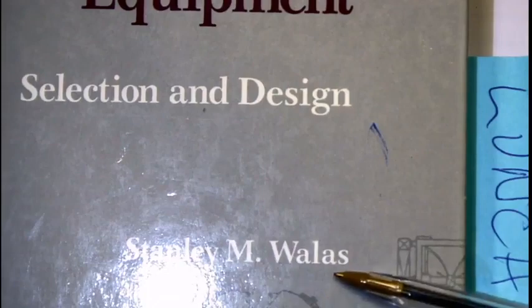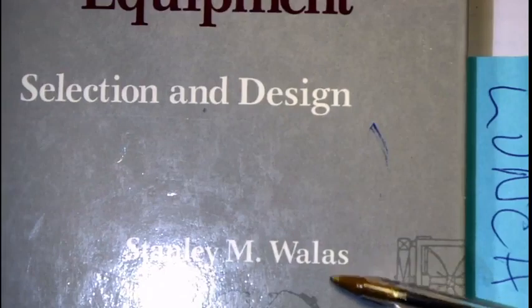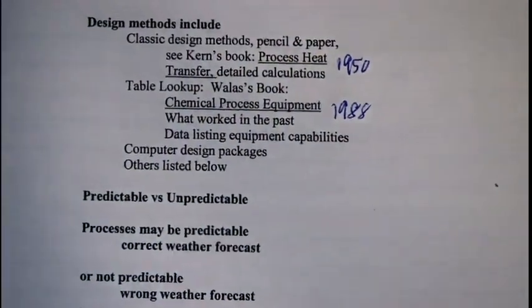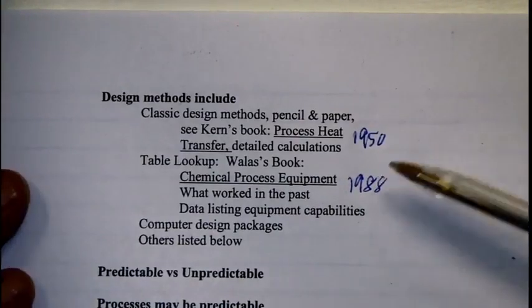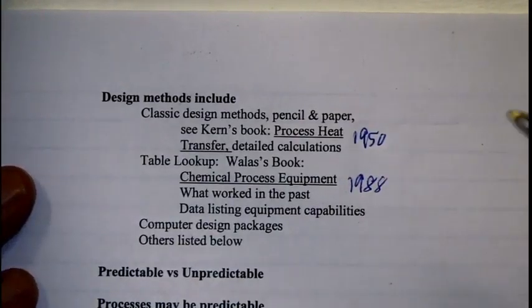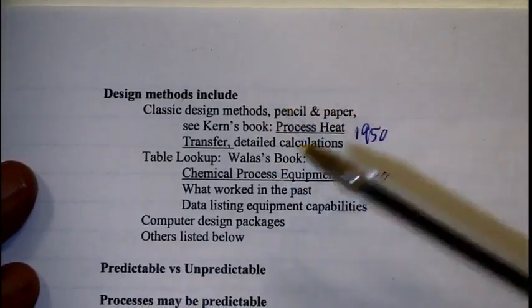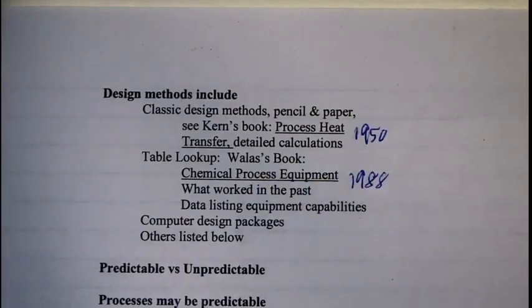This is a book that you need to have if you're in the business of design, especially if you've got designs coming at you from all kinds of things. You've got to do dryers, you've got to do contactors, you've got to do mixers, you've got to do heaters, all kinds of stuff. So we have classical, we have table lookup, and basically design engine.